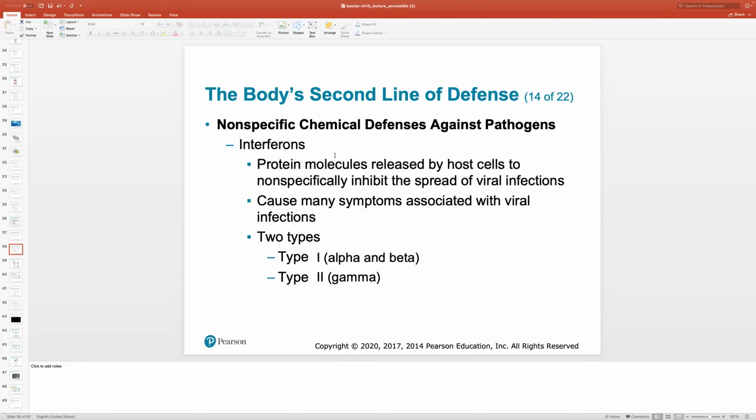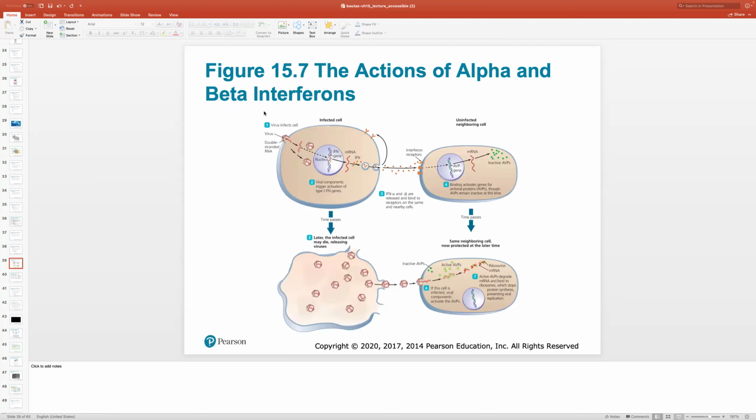You may have heard about interferons. That's because they're non-specific, but they inhibit the spread of viral infections. Although some of them cause the symptoms that are associated with them. And there are two types, type 1, alpha, beta, and then type 2, gamma. So here are the actions of these alpha and beta interferons that we understand. The virus infecting the cell, and here we've got double-stranded RNA, that kind of a virus.